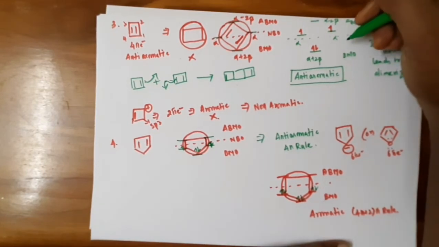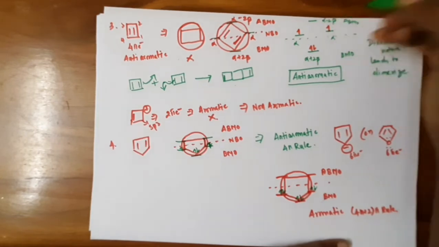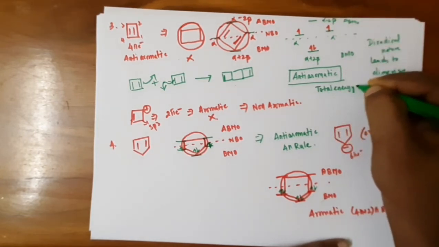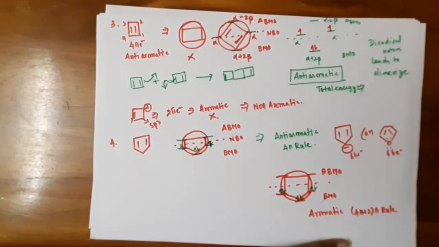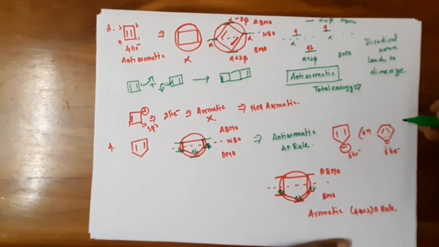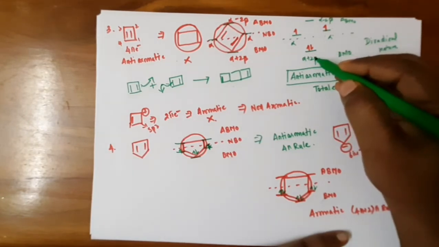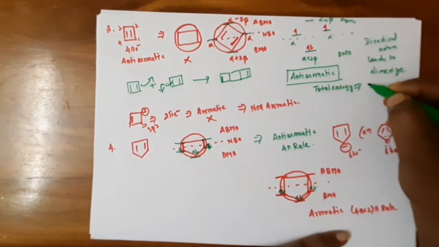One more thing I forgot to say here: the total energy of cyclobutadiene from the Huckel molecular orbital theory. The alpha plus 2 beta is an energy level, it has 2 electrons.